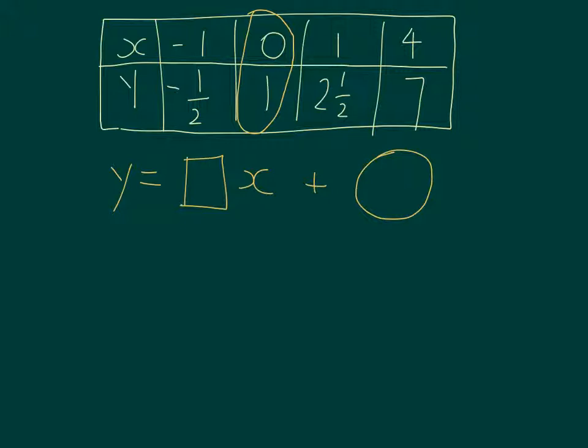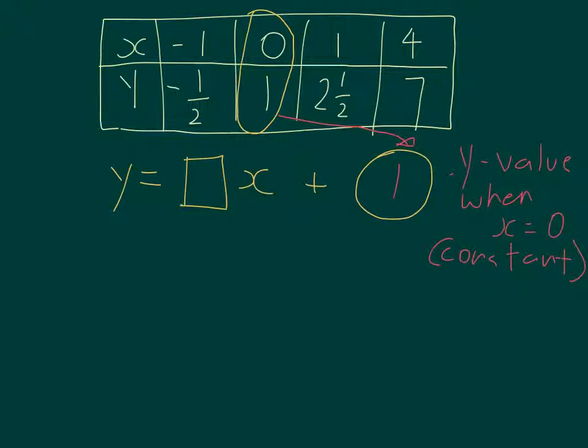This number here, the y value when x is 0, that's this number added to the end here, or that's our constant. It's a constant term. We talked about that when we looked at algebra. We said a constant is something that does not have a variable or pronumeral attached to it. So that's where that comes from.